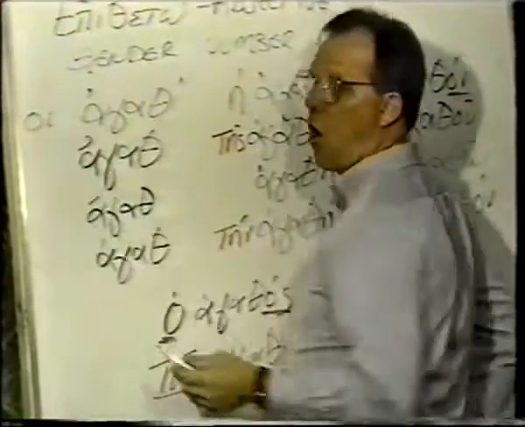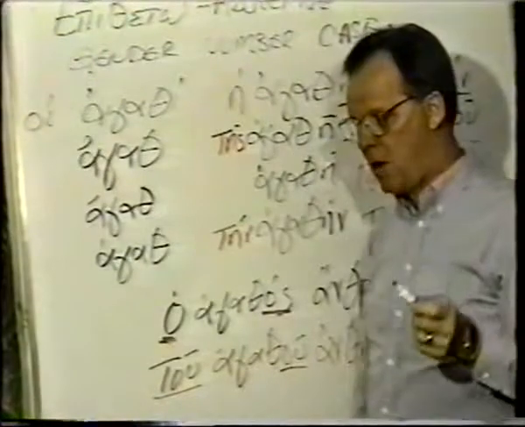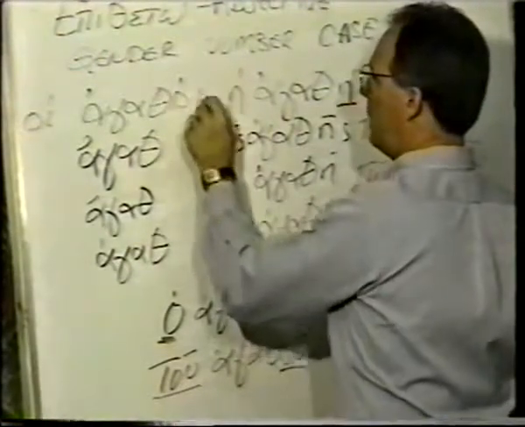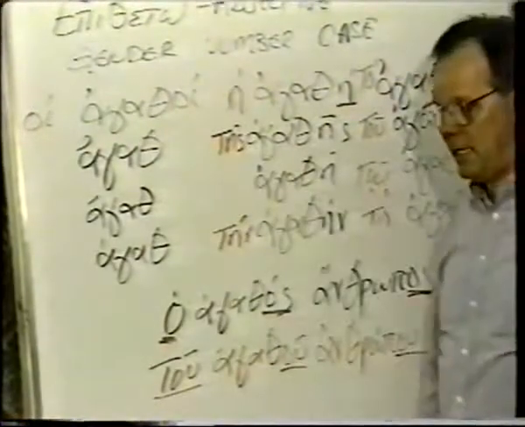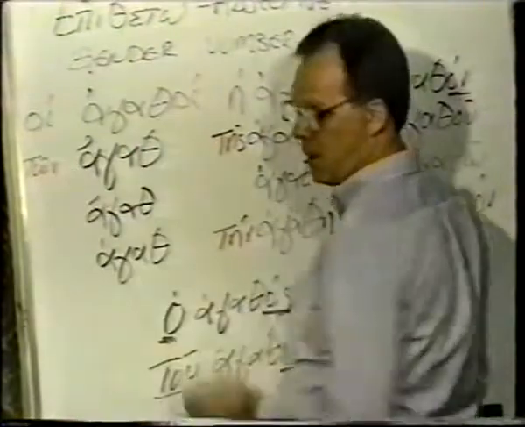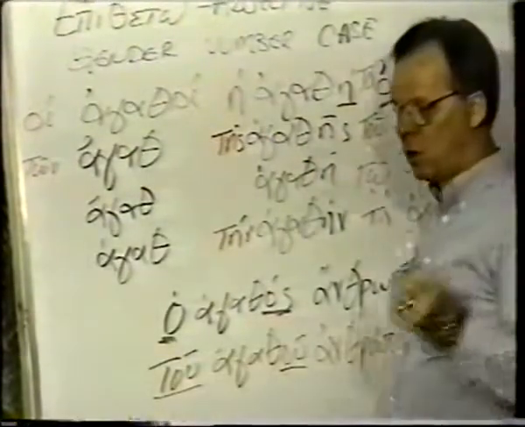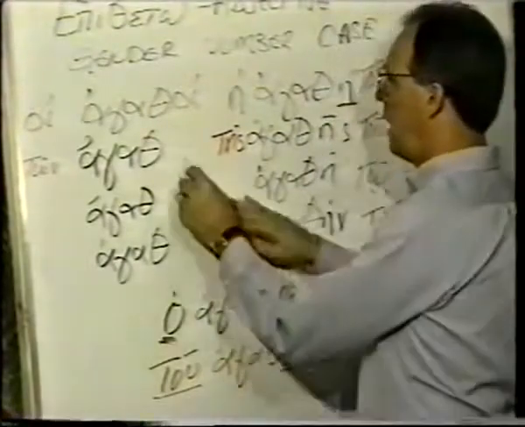It goes from o in the singular of the masculine now to e. The end is agathi. Now we're going to come here to the plural. It is no longer tu, but now it is ton agathon.